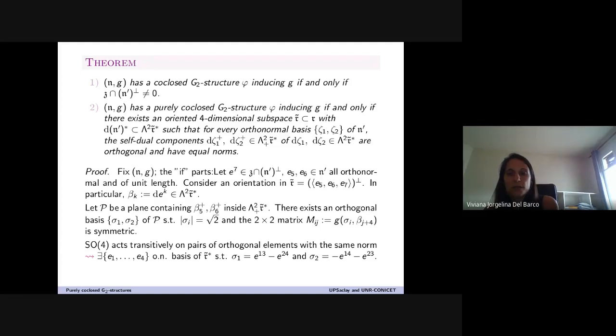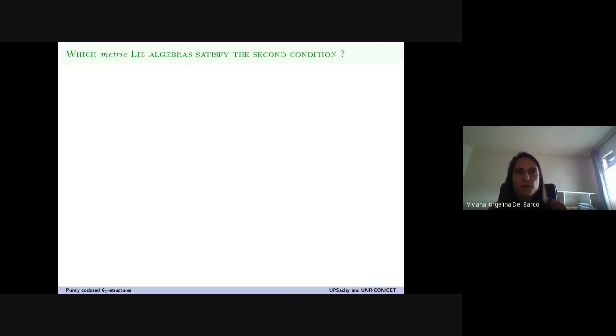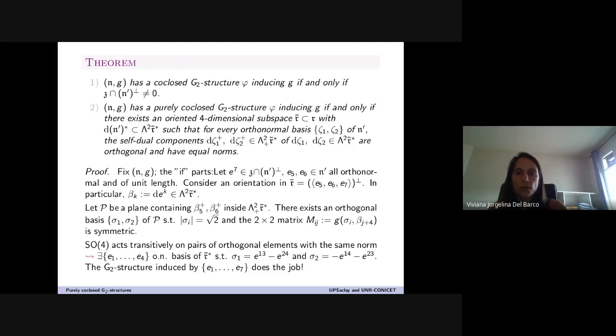In this way, we build a basis. We started with 5, 6, and 7, and we picked with this procedure 1 until 4. So we arrived with an orthonormal basis of n. So we can take the G2 structure defined by this basis. We know that this defines the metric, and because of the computations we did before, since the matrix M is symmetric, it's going to be coclosed. And I didn't write the part for purely coclosed.